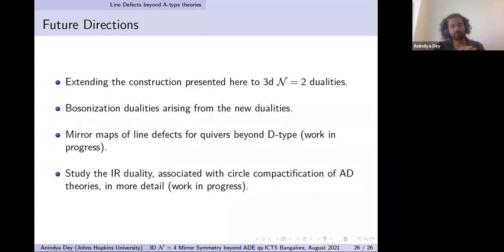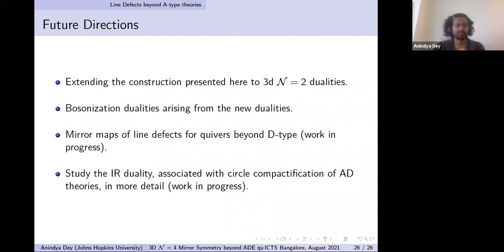In the paper from March, I only discussed line defects, mirror maps of line defects for D-type quiver gauge theories. Now, of course, one should think about theories beyond the ADE type, and the mirror maps of those are not known, and that's a work in progress.